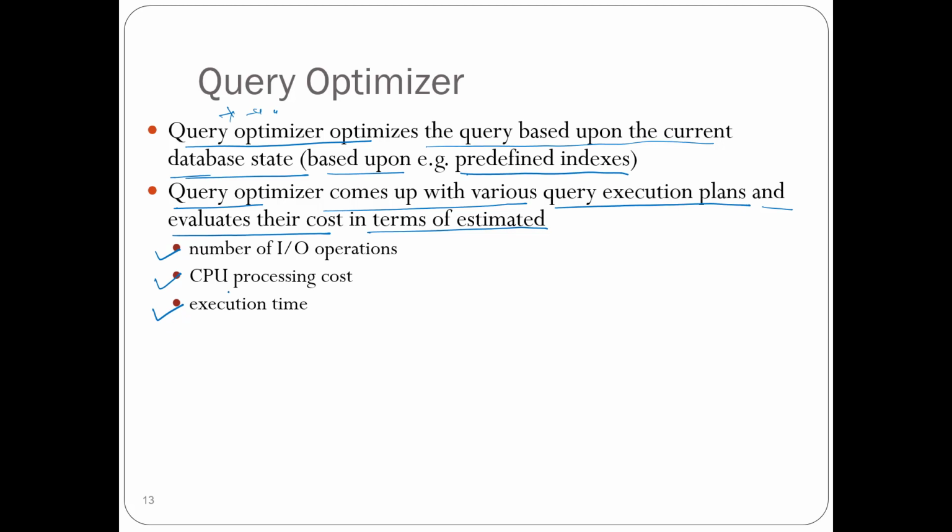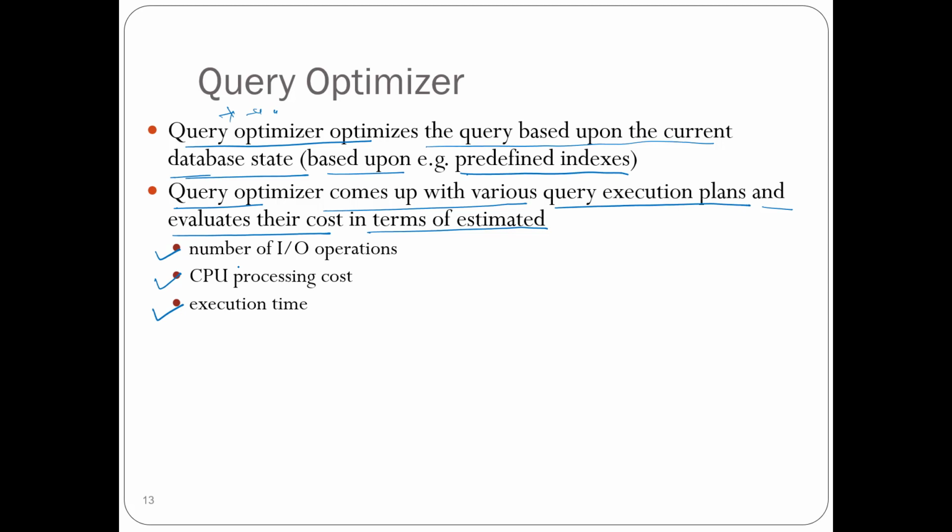Let me rephrase it in an attempt to explain this point to you. The query optimizer comes up with several approaches to execute the query. So various execution plans means different approaches to execute the query. And for each approach, which we are calling a query execution plan, it will also have a cost attached.